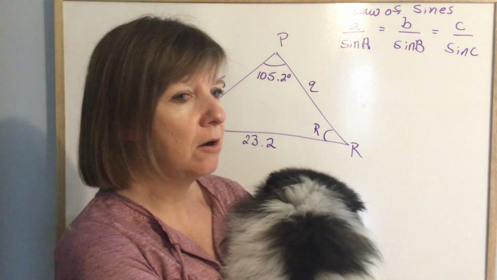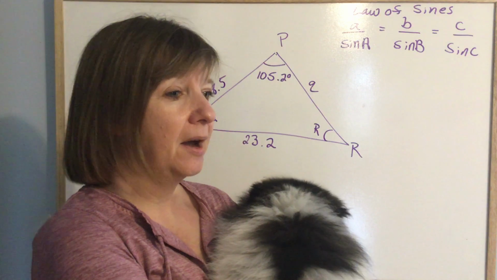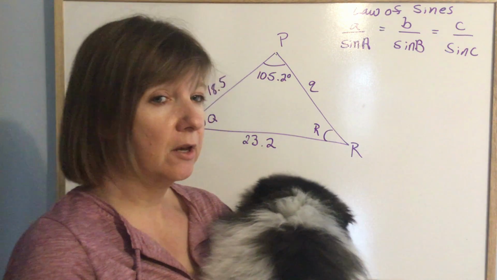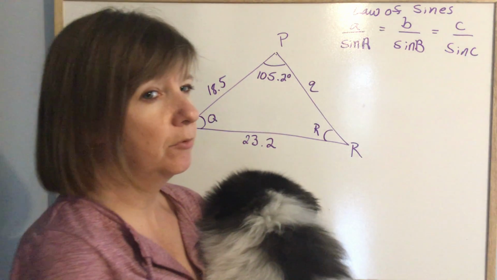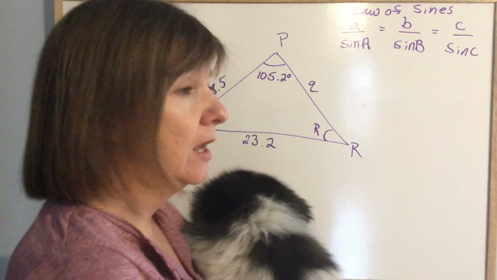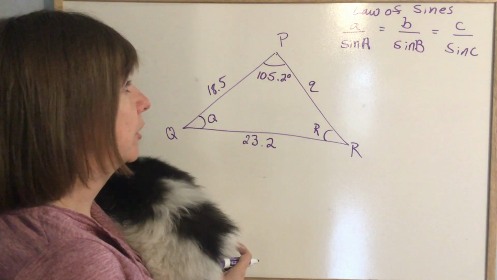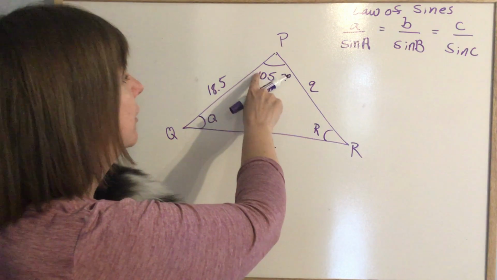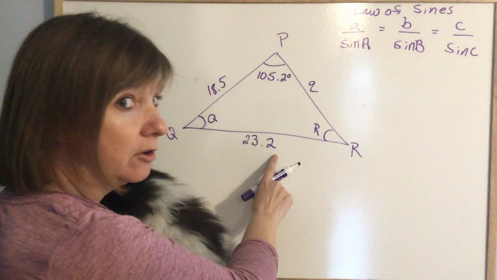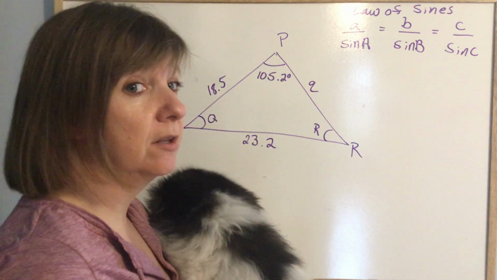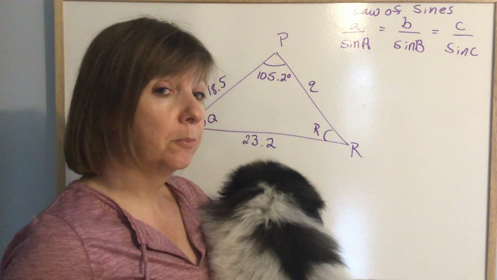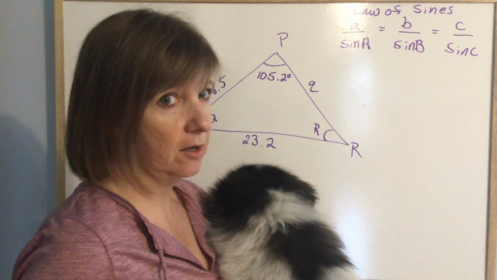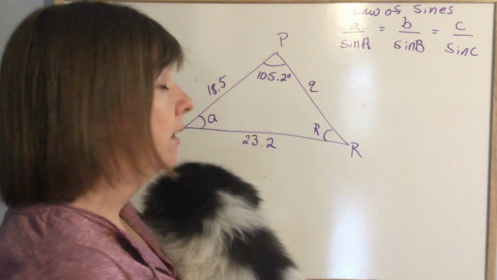I can give you technical ways that you can know, but let me give you the short version. If you know everything about a letter, so for instance, in this one, I know angle P and I know side P, I know everything there is to know about the letter P, which means I can use law of sines.